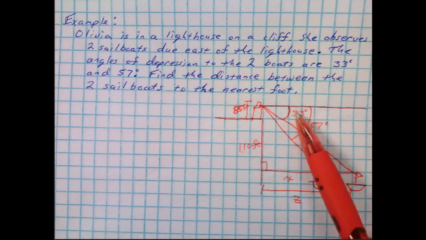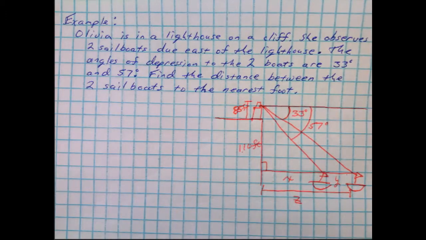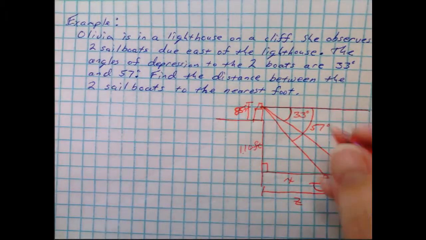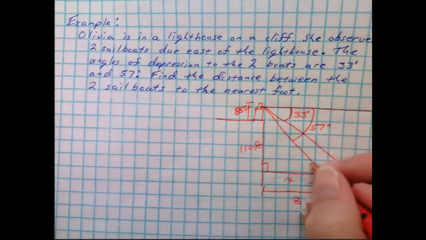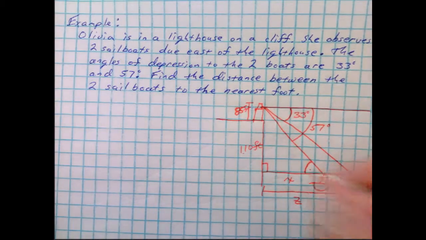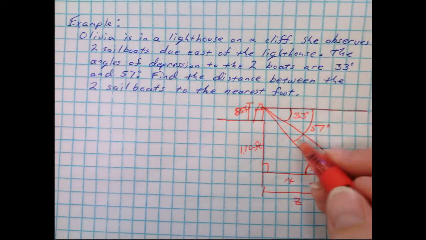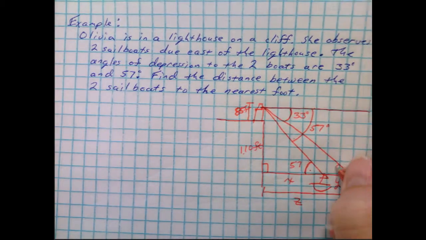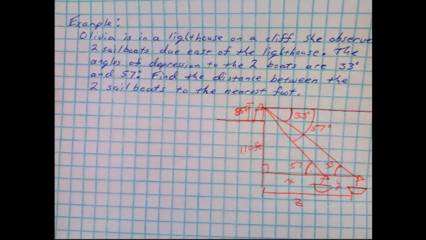You can either work with the 33 and the 57, or you can do these angles inside here. I'm actually just going to transfer with our parallel lines so that I'm working with these angles down here. So this one is going to be from here, so that's my 57, and this one is going to be my 33. Okay?